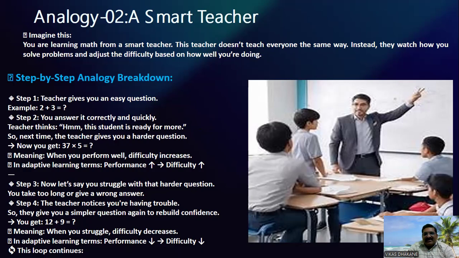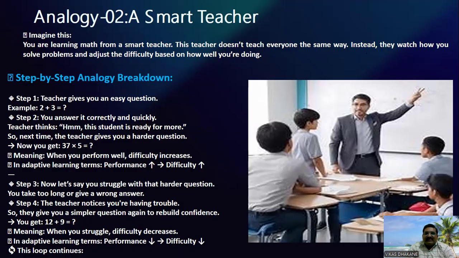Means what is happening here? The teacher is adjusting his teaching style, the way of delivering the education, the way of delivering the information. Another case, if you are able to solve the question given by the teacher very easily, the teacher thinks that your level of understanding is very good.